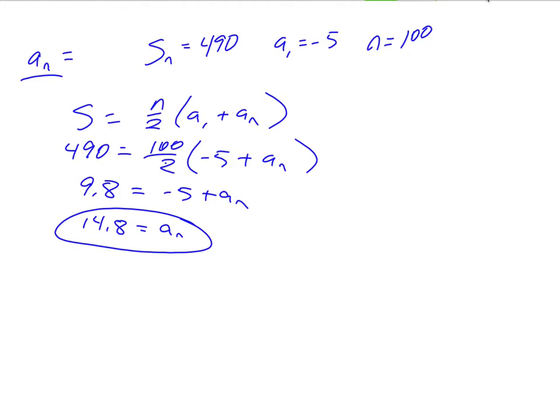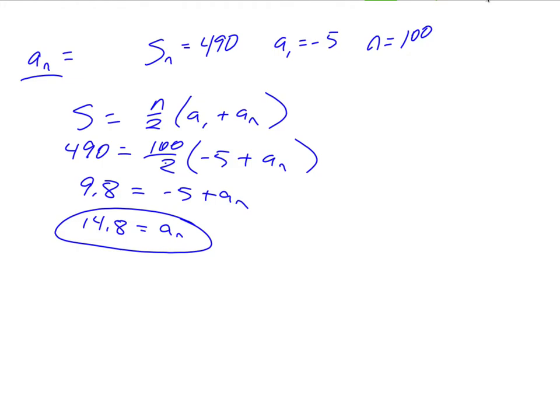Okay, so what is a sub n? What did I find in 14.8? The last term in the series. Very good. Which term is it? What term is the last one? A sub n. Right. But what number is it? Like if there are 300 terms, which term is this one?